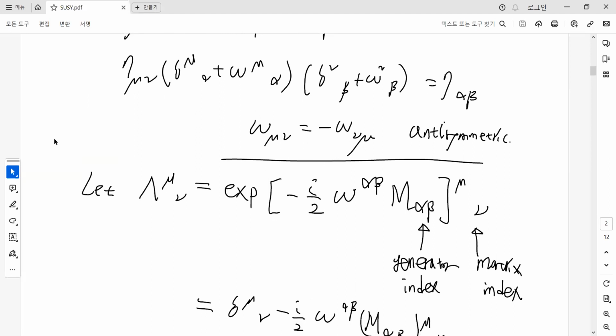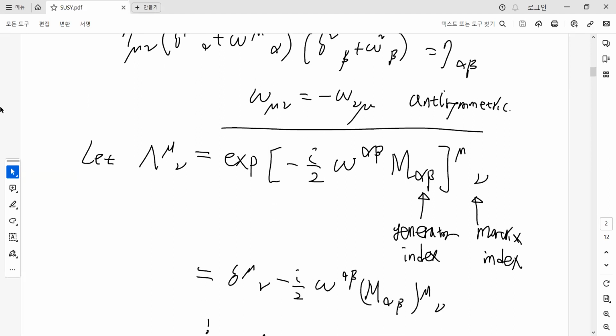So we can write such a transformation, boost or rotation, in generator form, as an exponential of the generator. So there are infinitesimal parameters, also antisymmetric, and the generator with indices alpha beta, and these generators will be represented by matrices in the Lie algebra.